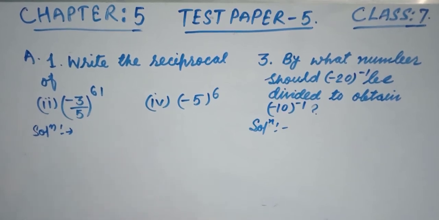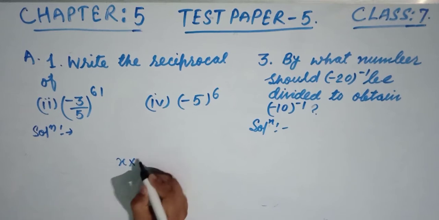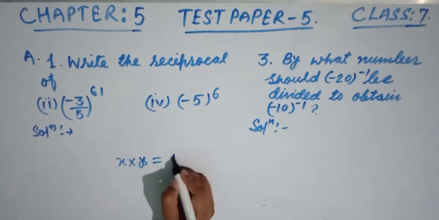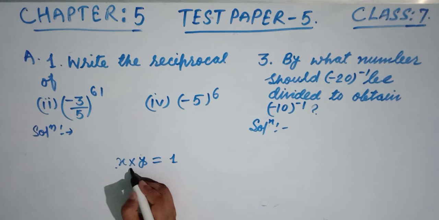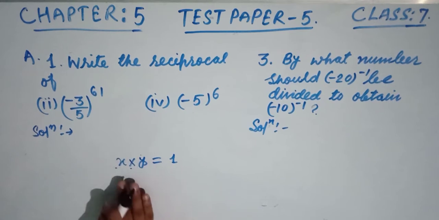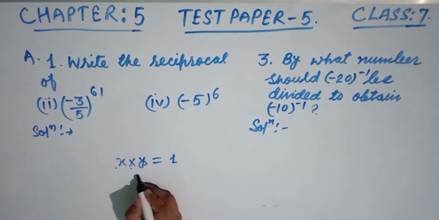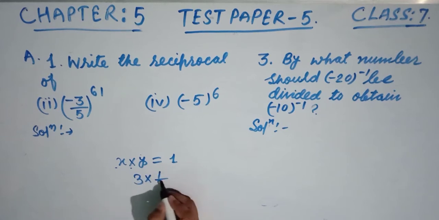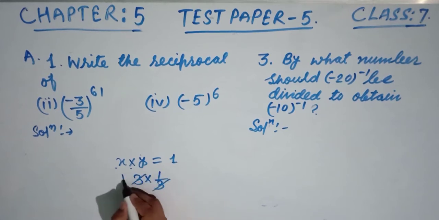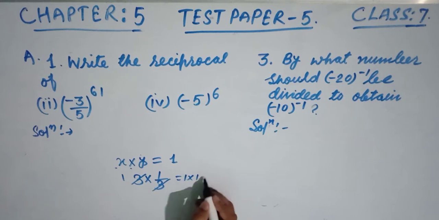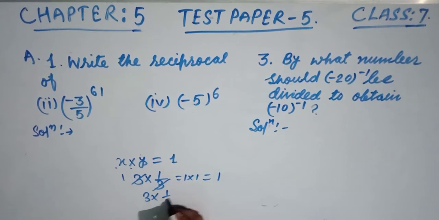Remember one thing, if the product of any two numbers is 1, then each is called the reciprocal of the other. Suppose x multiplied by y is equal to 1, then each one is the reciprocal of the other. Example, 3 multiplied by 1 by 3 is equal to 1.